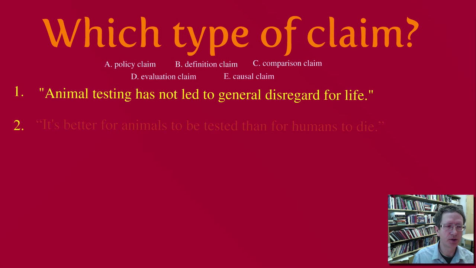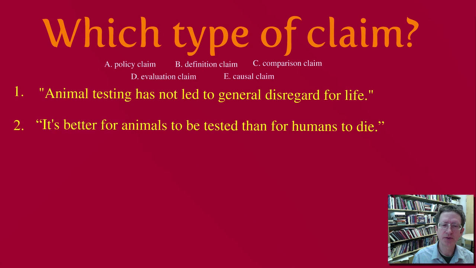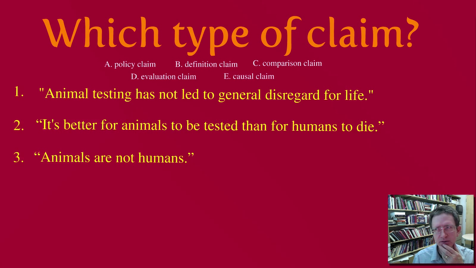Okay, here's number 2. It's better for animals to be tested than for humans to die. Which type of claim? What are you going to say it is? Number 3. Animals are not humans. Gee, what kind of claim is that? I'm scratching my chin. Those are the 5 types up above.